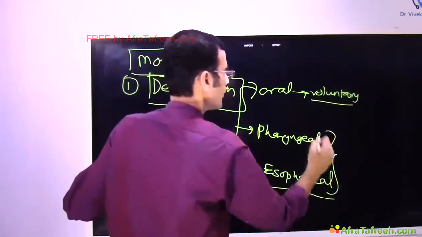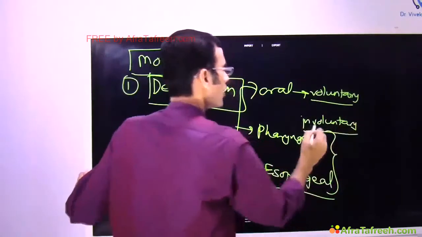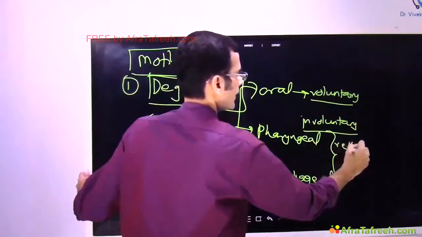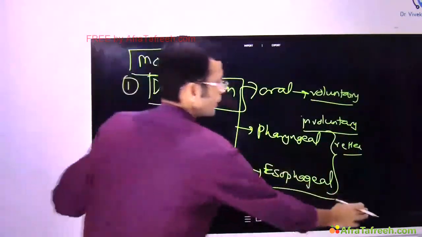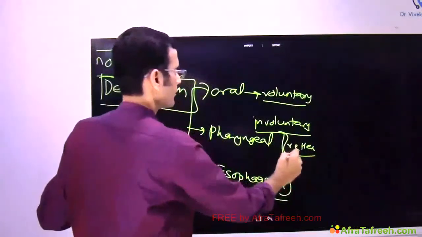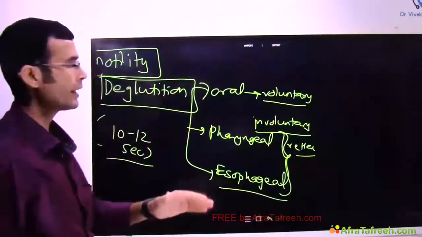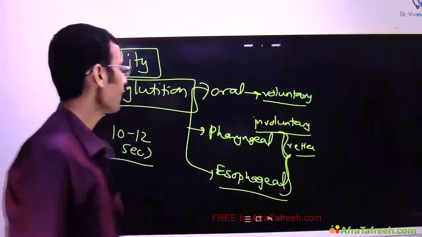The next two phases are involuntary. They occur as a reflex. So the involuntary or reflex phases are controlled by the swallowing center in the medulla.